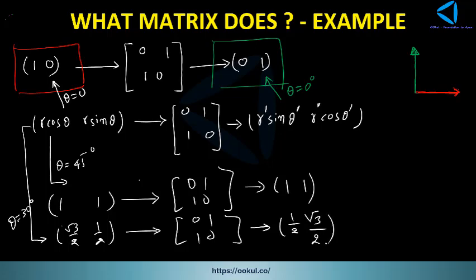Right. So let us see this thing by a graphical method. So here is your red one. Red one is your input and green one is your output. So this is theta equal to 0. If you are giving theta equal to 0, it's emitting the vector 90 degrees perpendicular to the input vector.